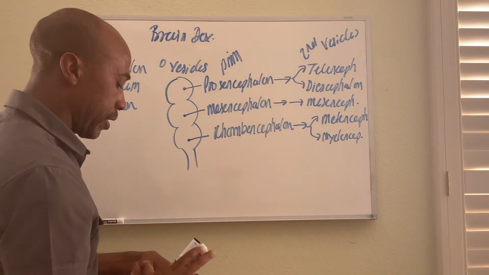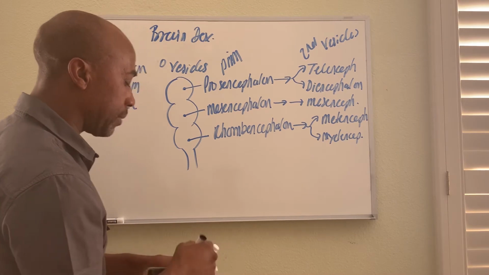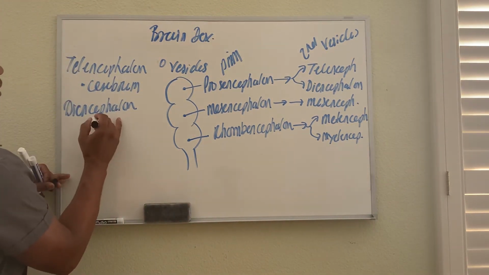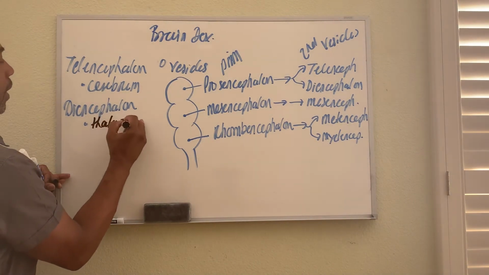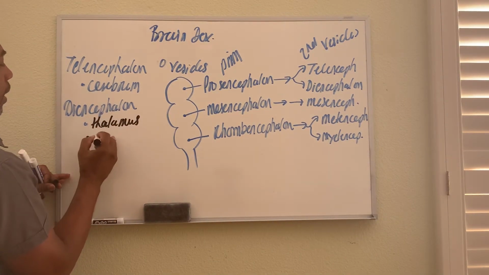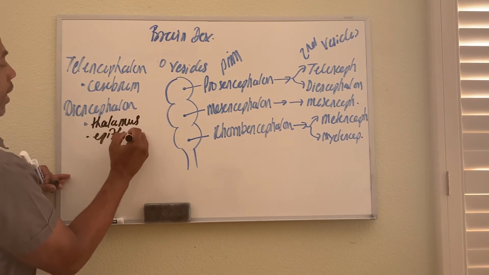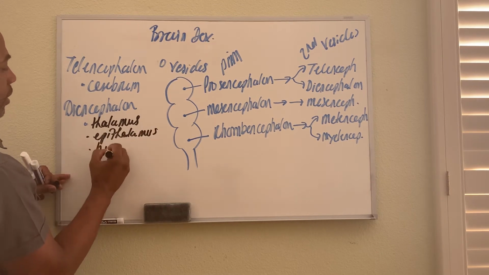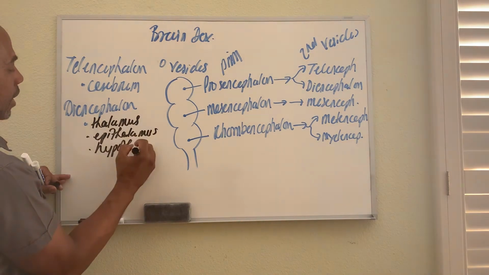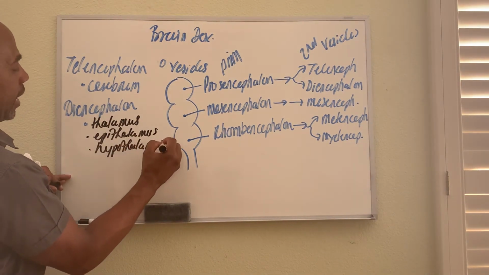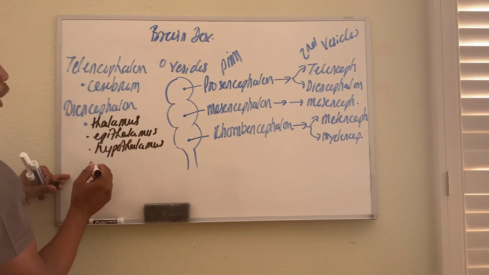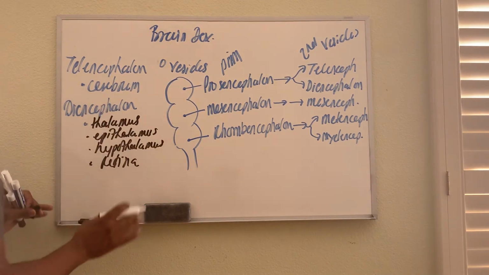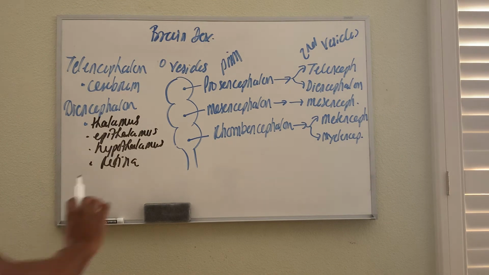Remember your thalamus, epithalamus, and hypothalamus, as well as part of the eye, called the retina. Those 4 structures form from the diencephalon.